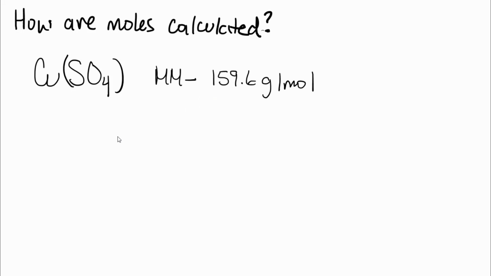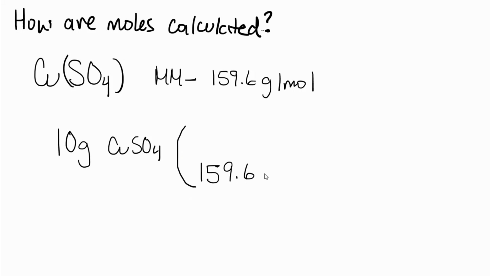Now let's say you had 10 grams of copper sulfate and you wanted to know how many moles of copper sulfate there were. Well, based off the molar mass, you know that for every 159.6 grams, you have 1 mole.